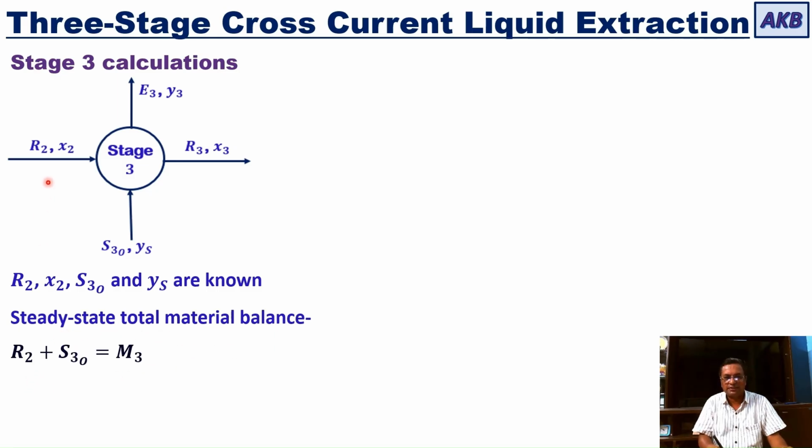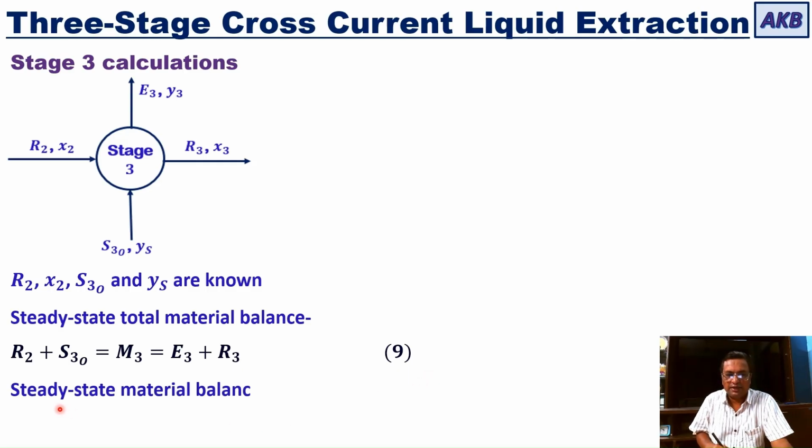It will be written as R2 plus S30 is equal to M3, which is the amount of mixture that will be obtained in stage number 3, and that is equal to E3, the amount of extract phase, plus R3, the amount of raffinate phase that comes out of stage number 3. I am calling it equation number 9.